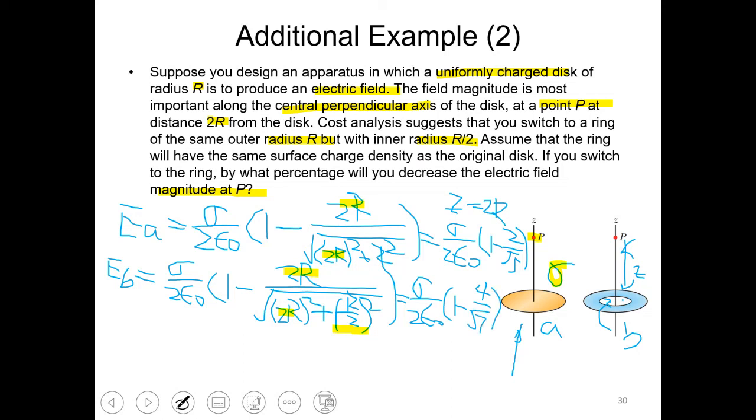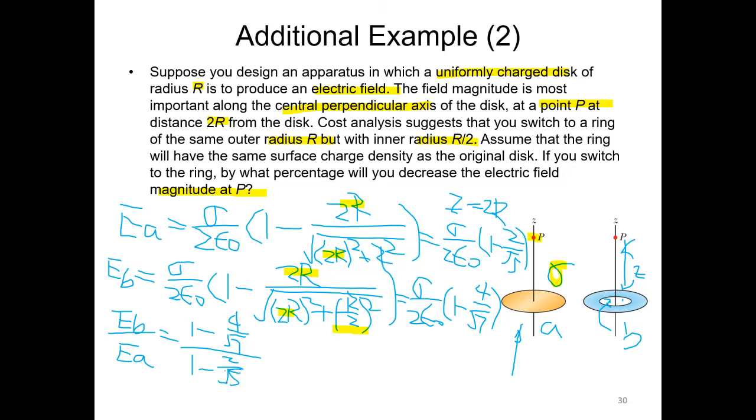So finally, we can have E_B over E_A to be 1 minus 4 over square root of 17, all over 1 minus 2 over square root of 5. And then sigma over 2 epsilon naught will cancel each other.